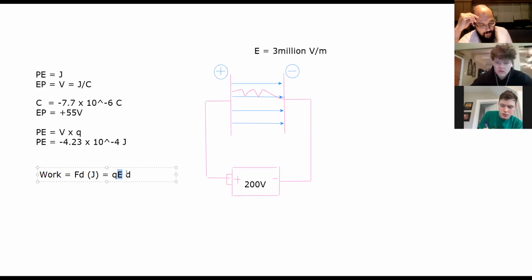We can also write the work done as the force times the distance, where the force on the charge is equal to QE. So it must be the electric field.